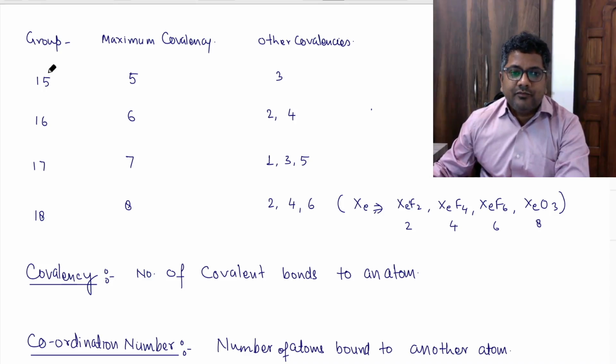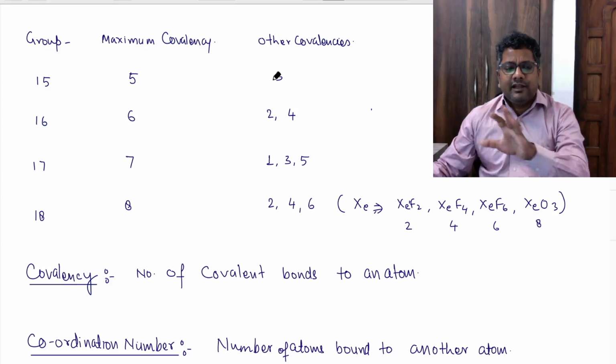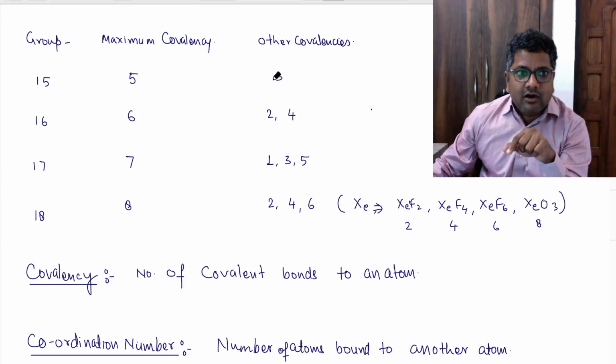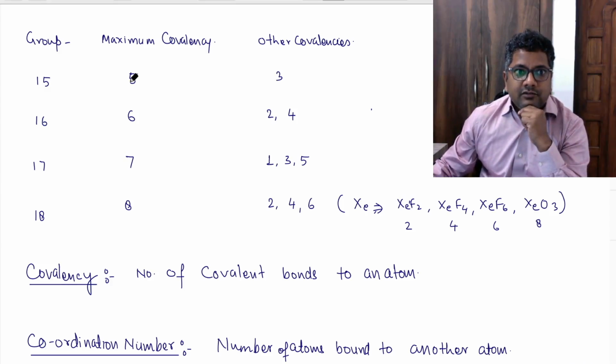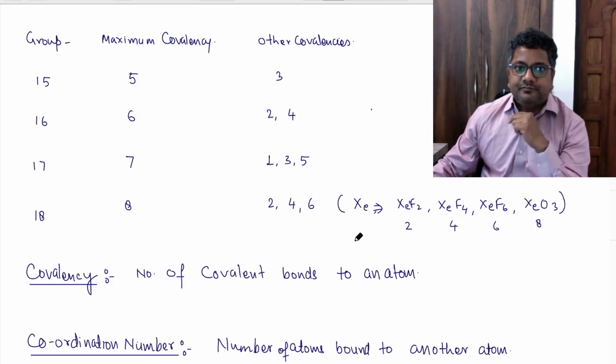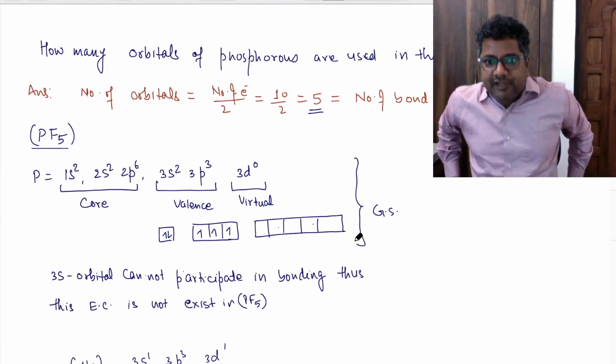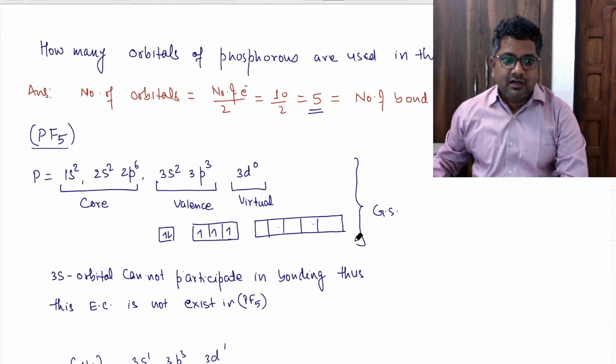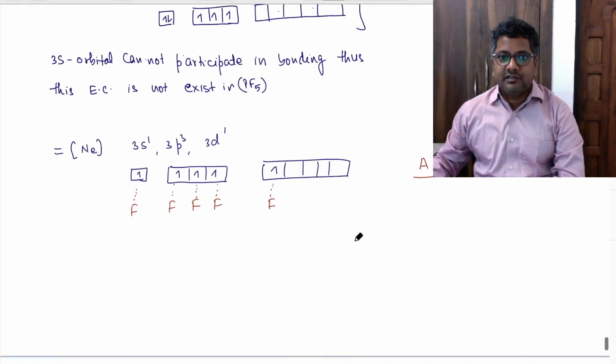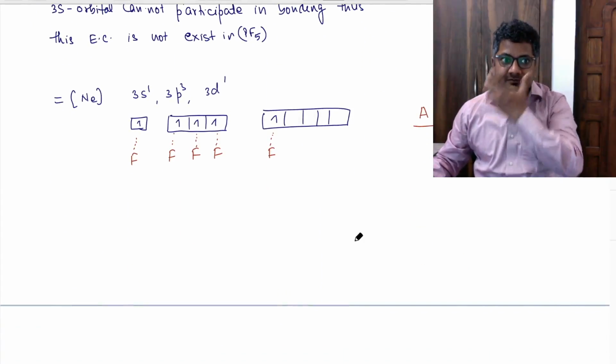So when group 15 elements, not all except nitrogen, are in covalency 3, then they obey the octet rule, and when they are in 5, then they disobey the octet rule, right? So this is the complete explanation of one of this kind of molecule.